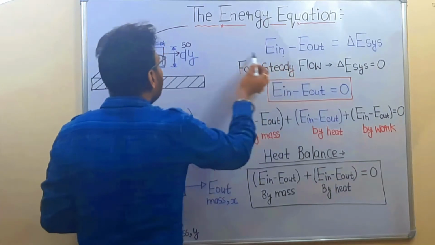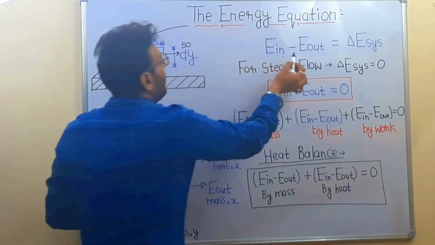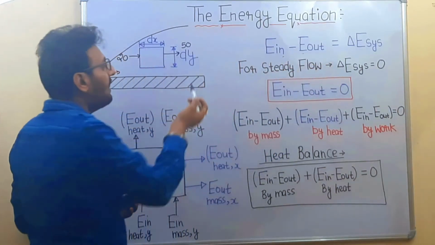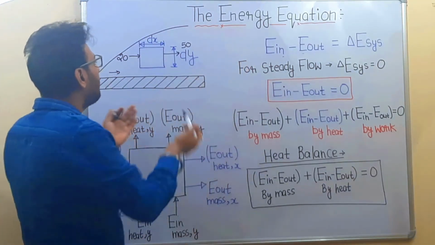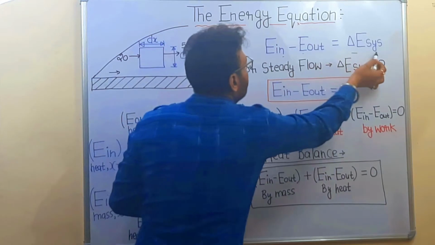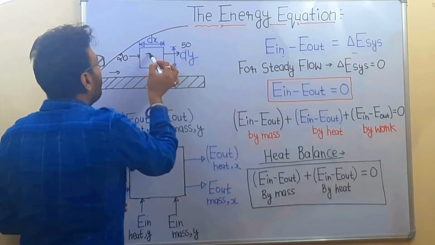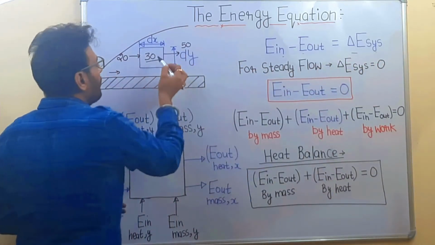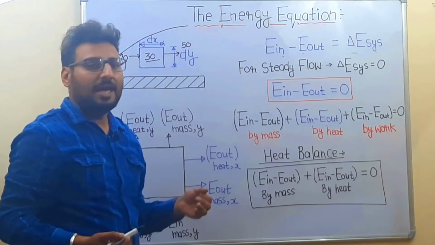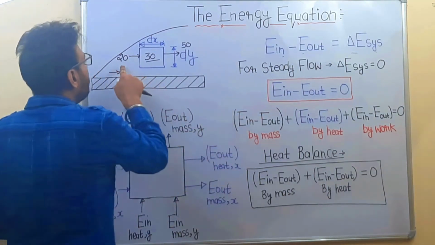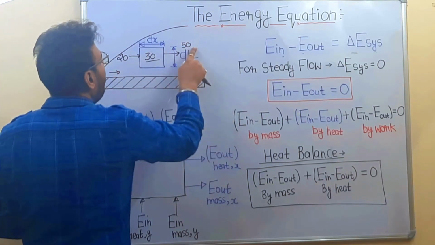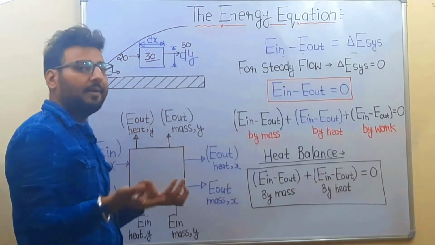E in is 20, E out is 50. So this energy equation is showing these 30 watts are stored in the control volume. So the change in the energy of the control volume is the difference between energy leaving and energy entering the system.